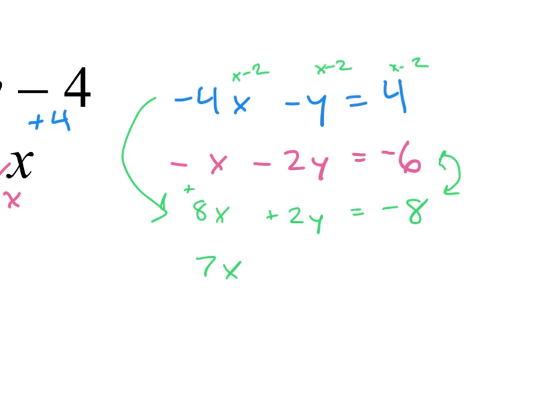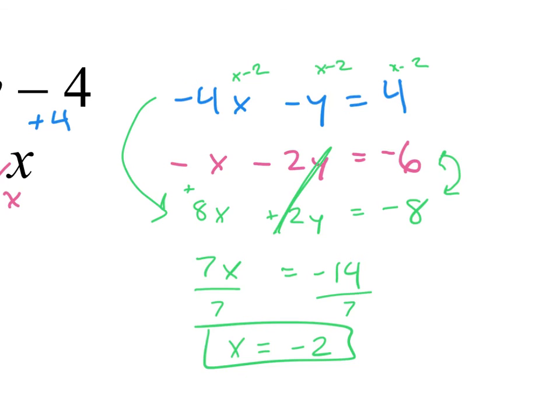Negative 2y plus 2y cancels out. And then negative 6 minus 8 would be negative 14. What do you guys get for x? -2. Perfect. -2.